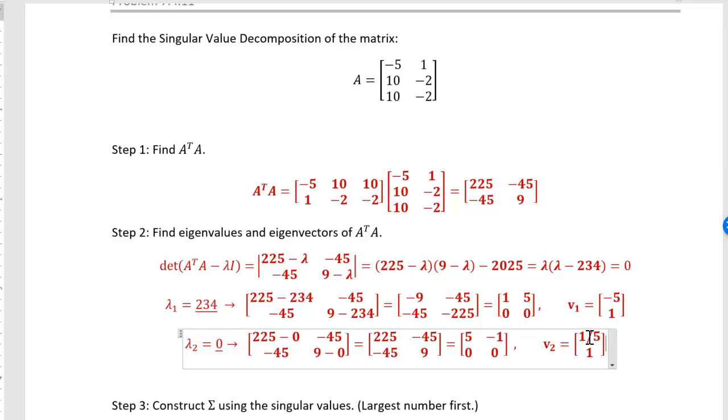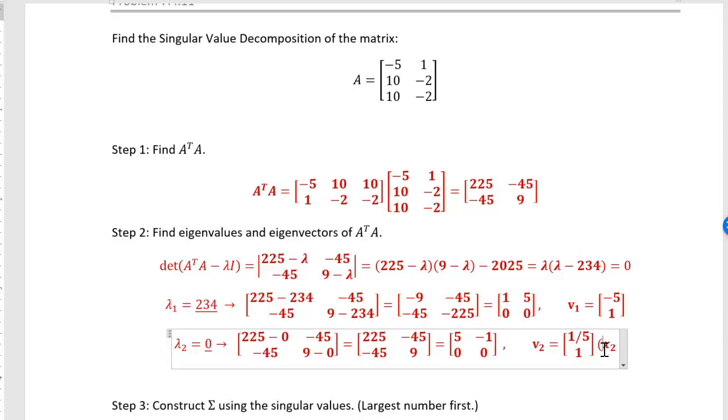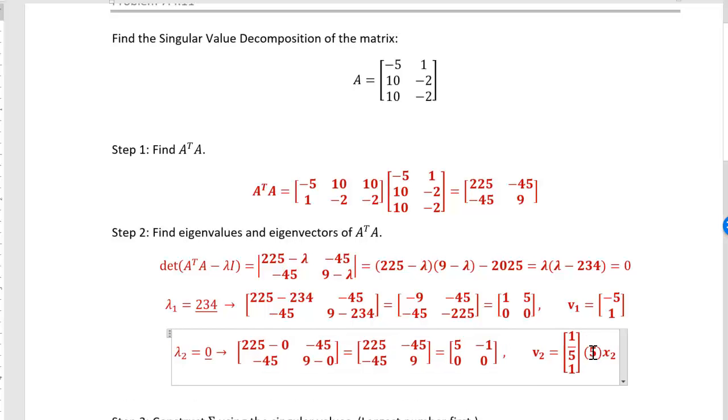Now, since this is a multiple of x2, we can just imagine multiplying this by 5 just so we have nice whole numbers. If we multiply this whole thing by 5, then it might make things a little bit easier for us.